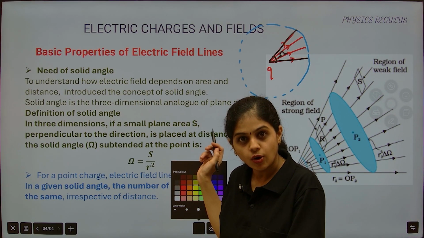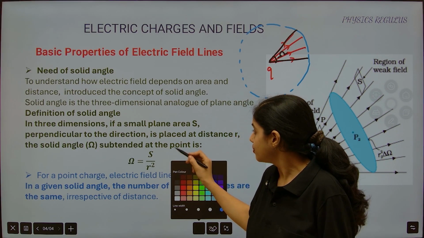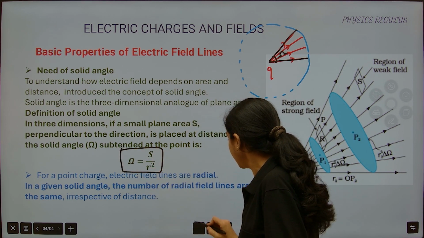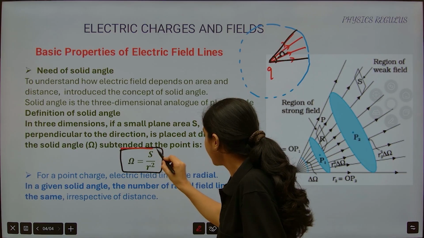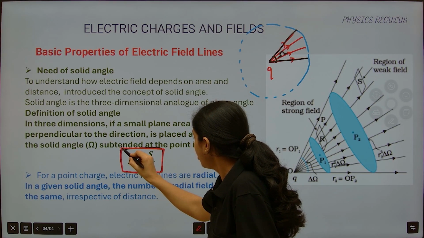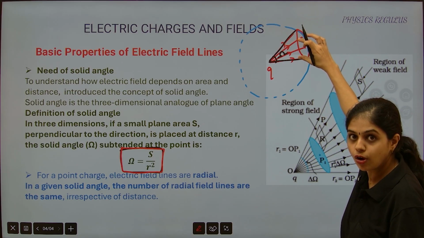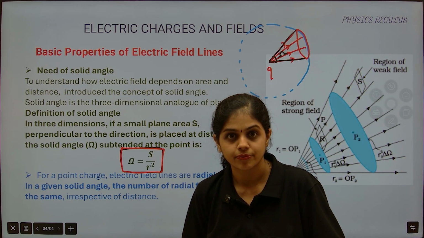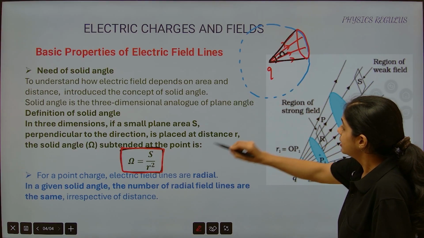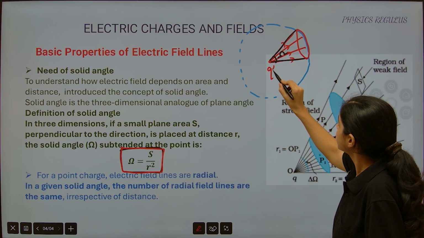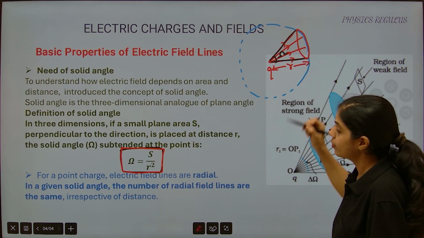Here solid angle omega is given by S by R square, where S is area of the considered spherical surface. It is like patch on our imaginary sphere. And R is distance between point charge Q and spherical surface. It is like radius of our imaginary sphere.